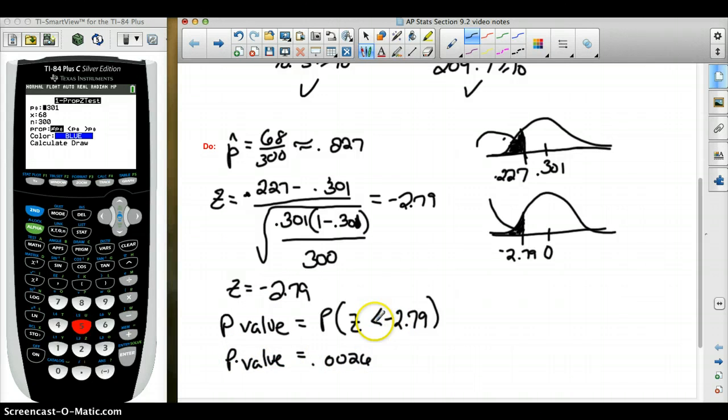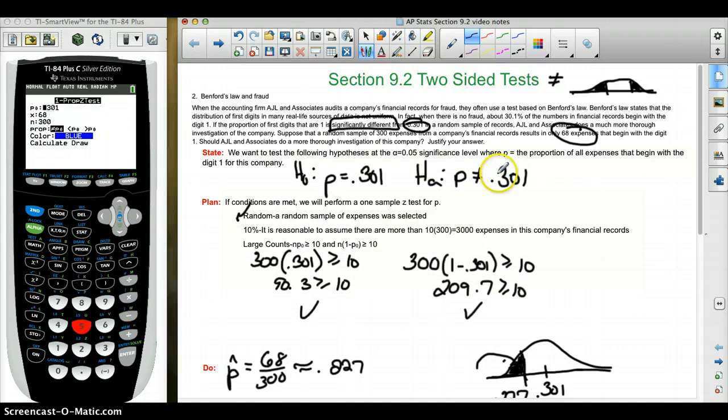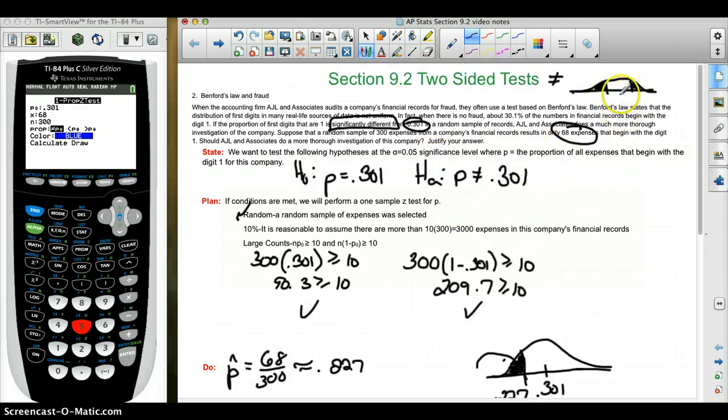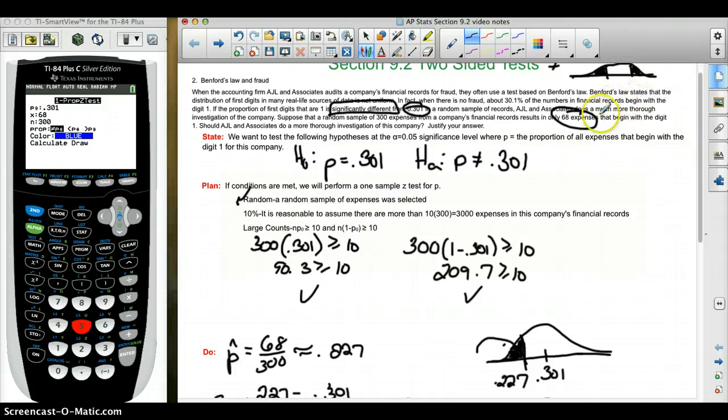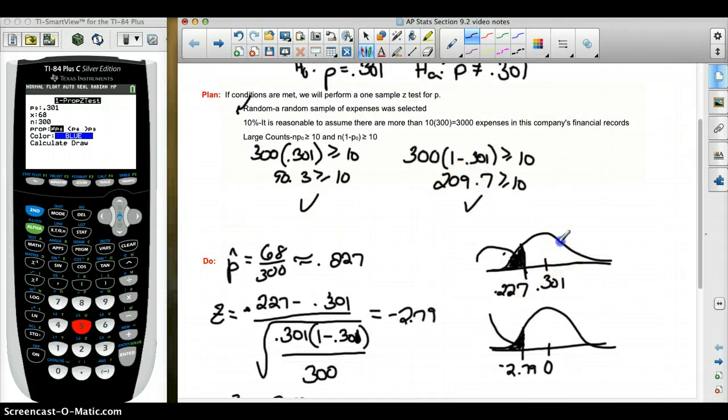Now, the problem is, remember when you are doing a test that has the alternative hypothesis as not equal to, you actually have two parts on your graph that you have to find the area of. So here we would also have to find the area to the right that is exactly symmetrical to the area to the left.